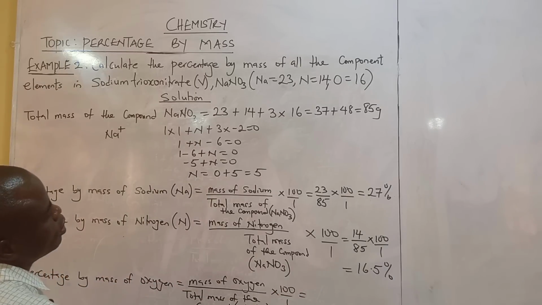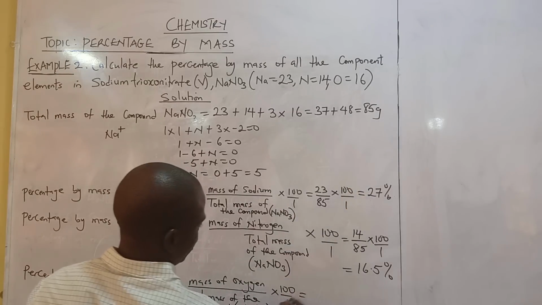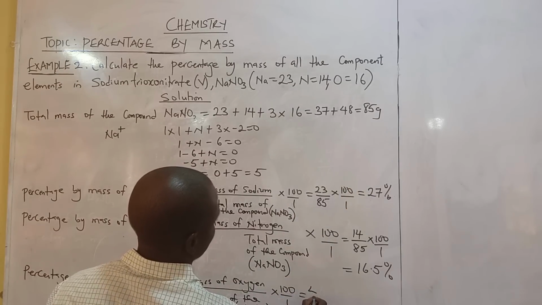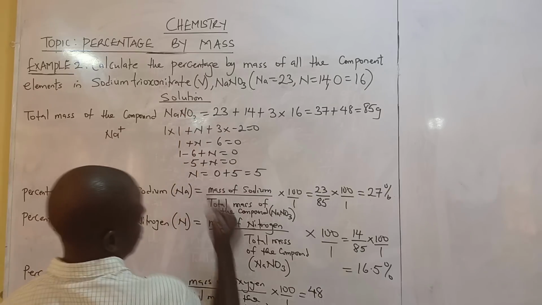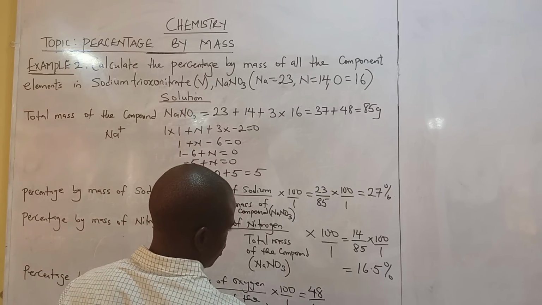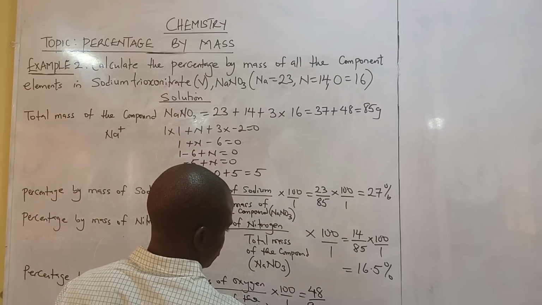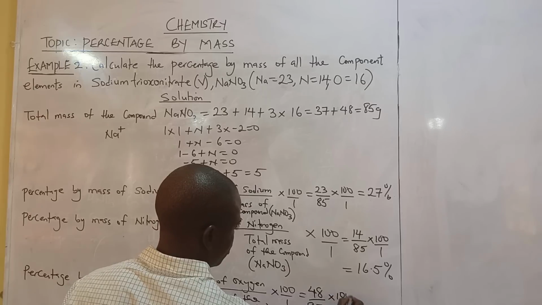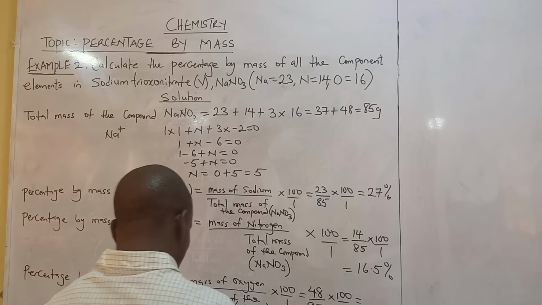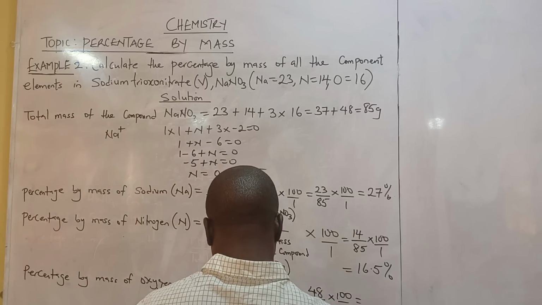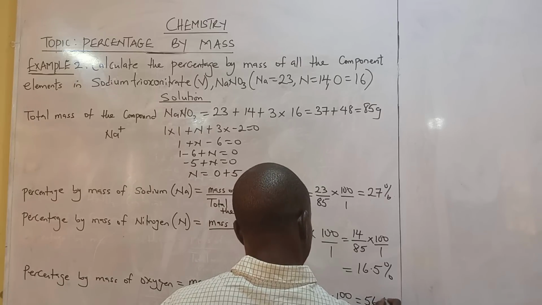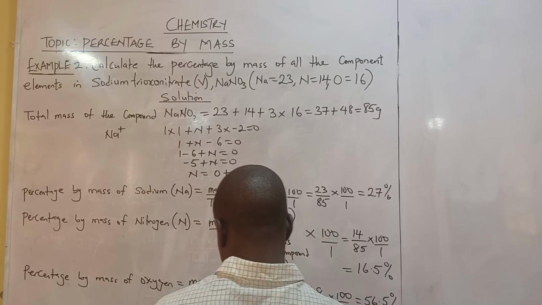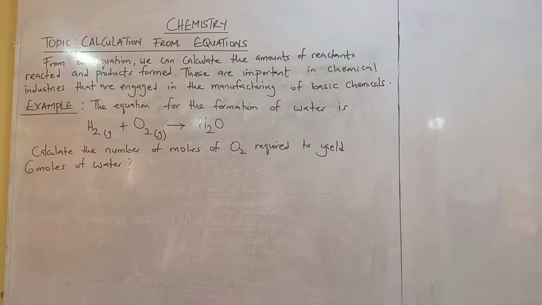What's the mass of oxygen? We have 48, because it is 3 times 16, over 85 times 100 over 1. When you press your calculator, you have 56.5%. Now we are considering calculation from equations.